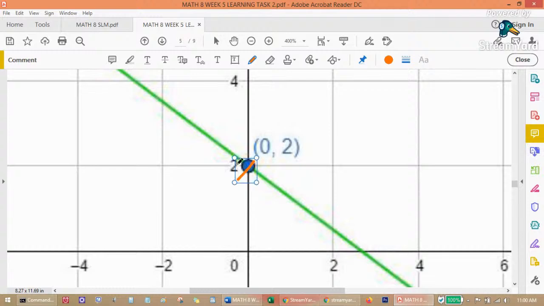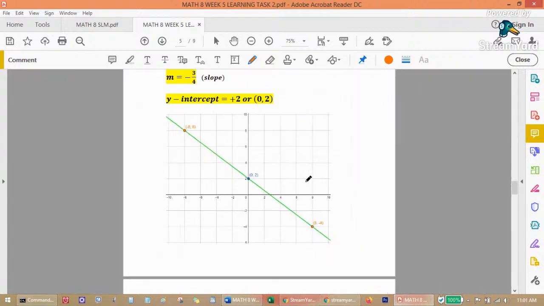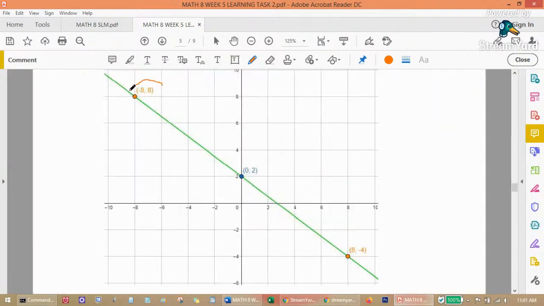Dito sa point na to, nagko-cross yung graph at saka yung y-axis. Of course, sa umpisa, hindi pa natin alam kung ang graph ay pag ganito ba or pag ganon. Basta tumatama kailangan dun sa y-intercept.